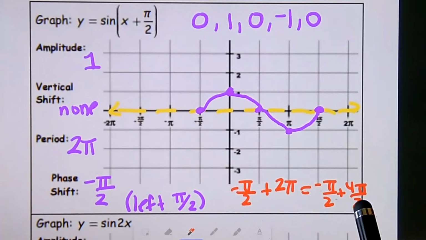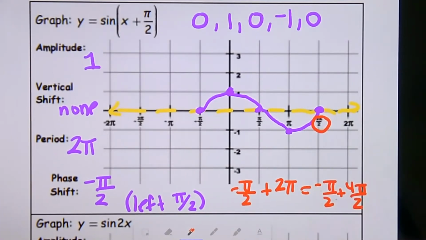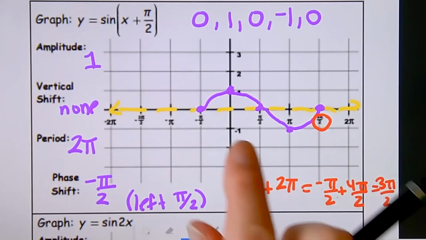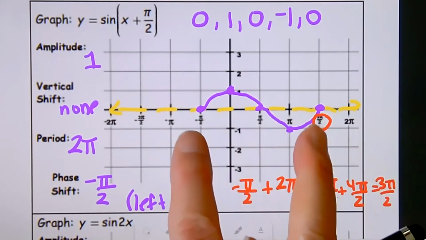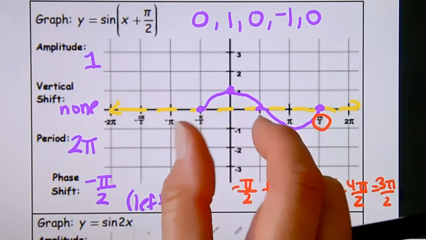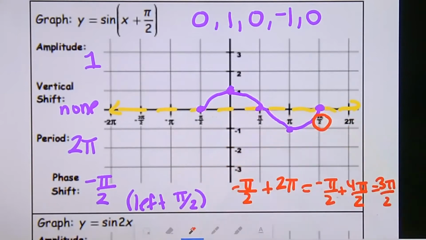When I add that together, I end up with 3 pi halves, which is where my graph ended. So sometimes I like to know my start and stop, because those are going to be my zeros. Halfway in between is going to be my 0. Halfway in between those is going to be a 1. Halfway in between these is going to be my negative 1, unless I have a different amplitude. And that's my graph.